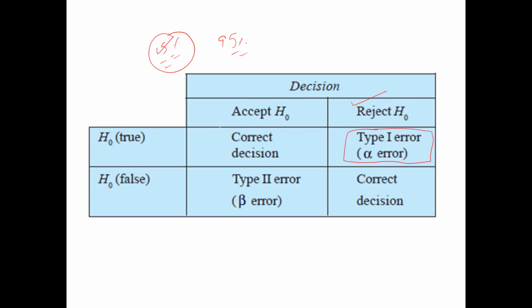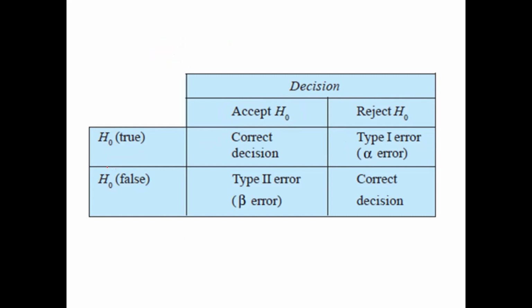What I am teaching you: if a null hypothesis is true as per the different tests and you accept it, this is your correct decision. But if the null hypothesis is true and mistakenly you reject it, this is a type 1 error. It means you are rejecting a true statement.